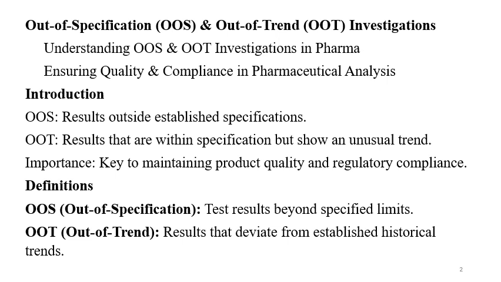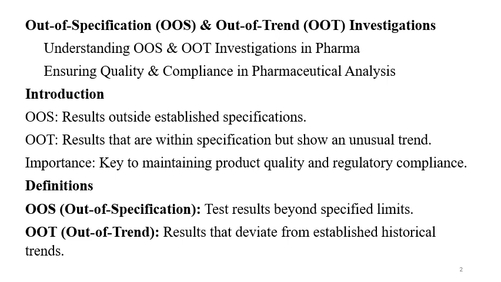At least you have the data of 10 batches, and then you can say that the result is OOT or out of trend. In 2-3 batches you cannot say that the result is showing the OOT. So trend means you should have some trend data, then you can say the OOT.